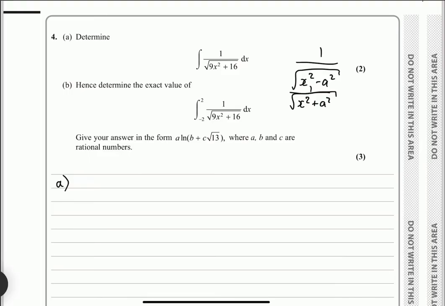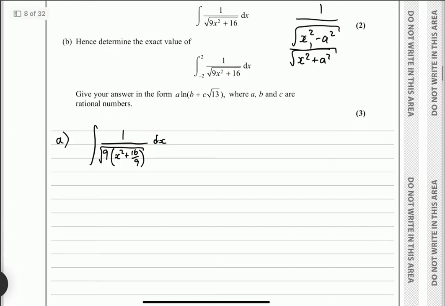So what we want is to put this in the form x squared plus something squared. And to do that, we'll factorize out a 9. So the square root of 9 times x squared plus 16 over 9. And then we can bring that 9 as a 3 outside of the root.